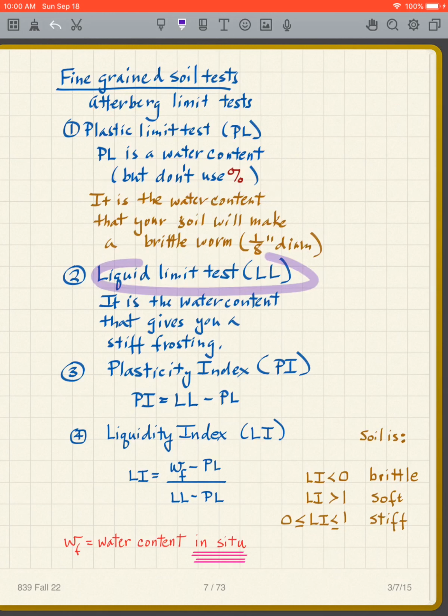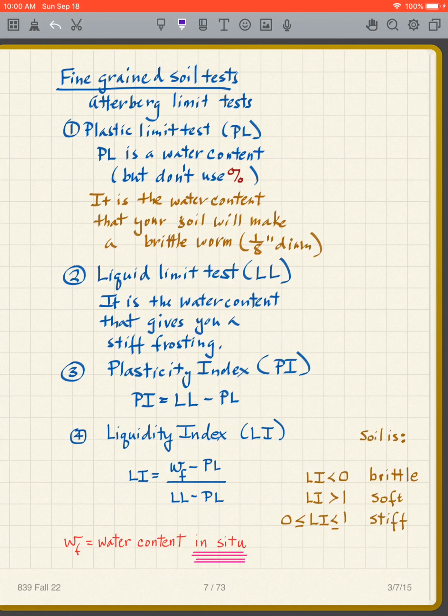With the liquid limit test, I'm not going to go through the test, but it's the water content that gives us a stiff frosting. So in other words, you've all frosted a cake maybe, and you have to get the water content just right to frost a cake properly.